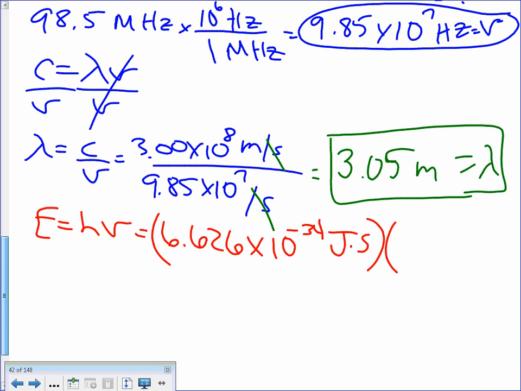And then V is what we previously saw up here. Plugging that one in down low again. 9.85 times 10 to the 7th per second. And that will give us just the unit of joules, because seconds will cancel, and a lovely number such as... I know the suspense is killing you.